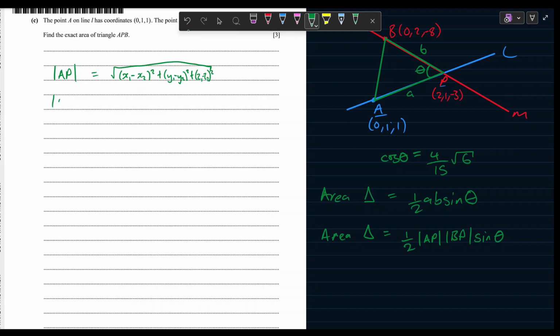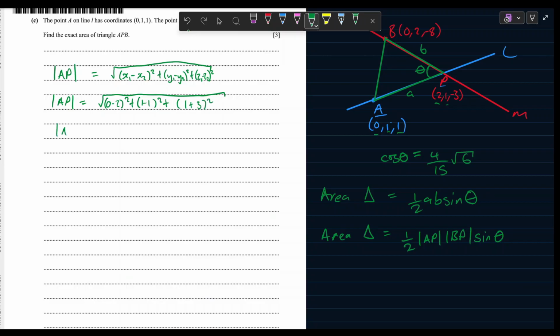Okay, so the magnitude of AP is going to be equal to the square root of 0 minus 2 squared plus 1 minus 1 squared plus 1 minus minus 3 squared, so 1 plus 3, and this is squared.